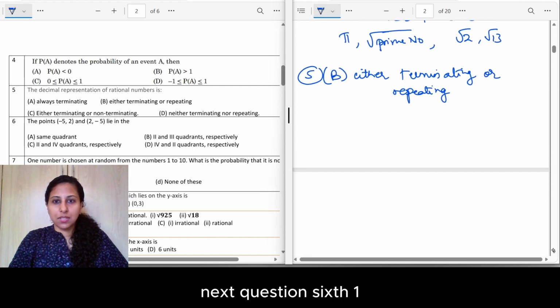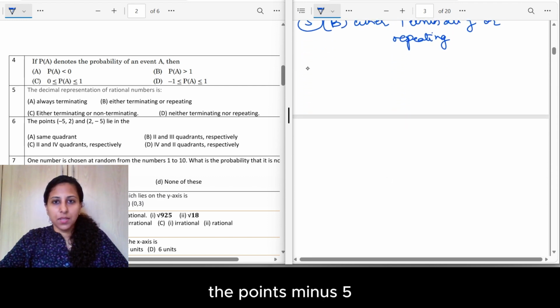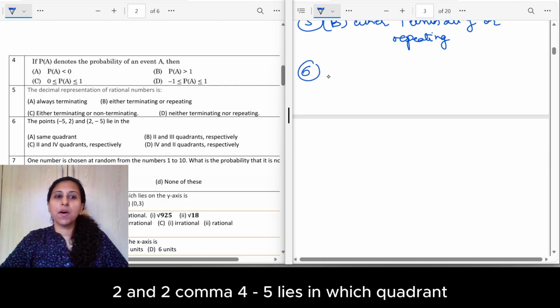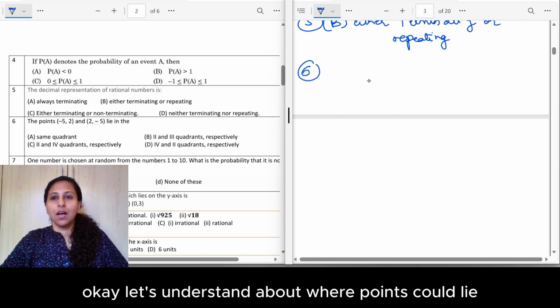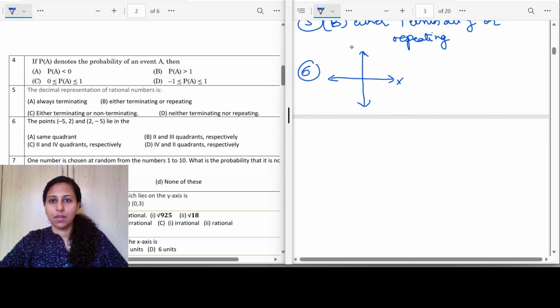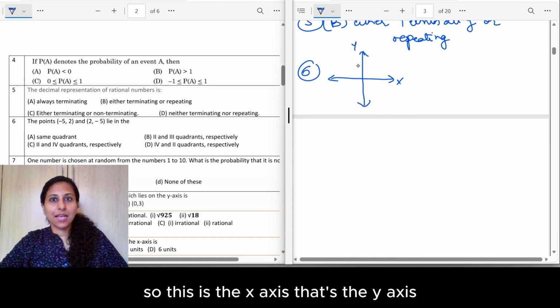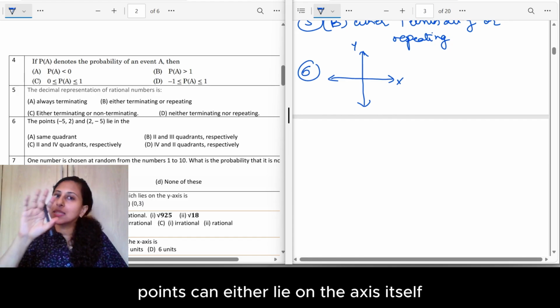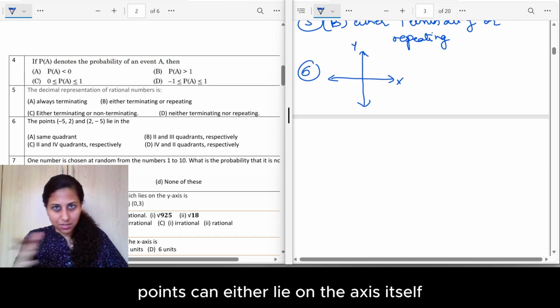Next question, sixth one. The points (-5, 2) and (2, -5) lie in which quadrant? Okay, let's understand where points could lie when you talk about the XY plane. So this is the x-axis, that's the y-axis. Points can either lie on the axis itself.